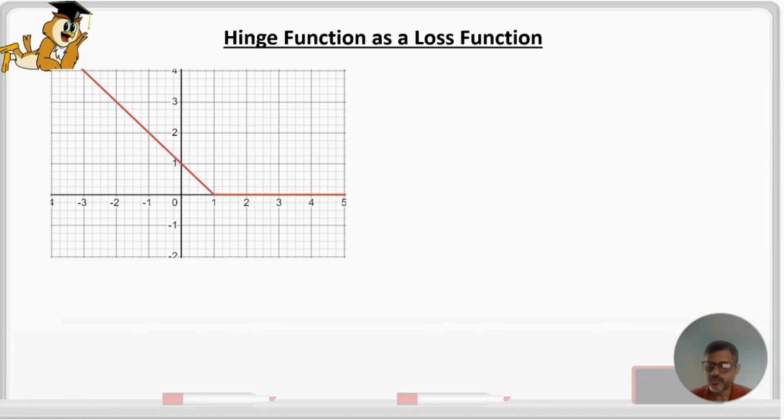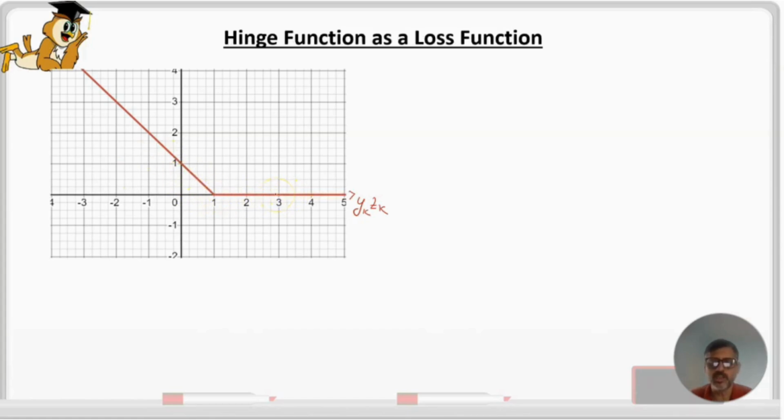The hinge function here I have plotted with yk on the x-axis, which we used to call the margin. The margin was an indication of how correct we were in our classification. As you can see, it looks like a hinge around this point 1, and these two are sort of panels of the hinge.